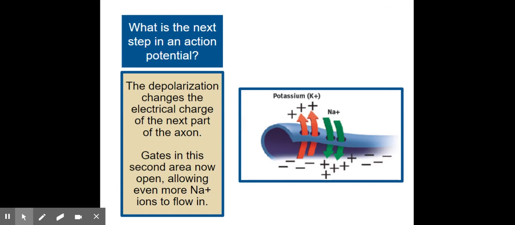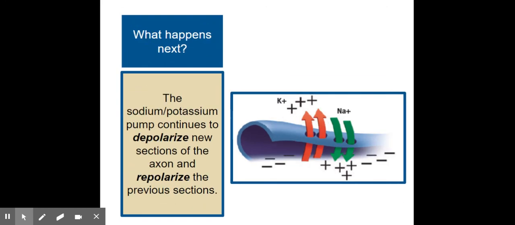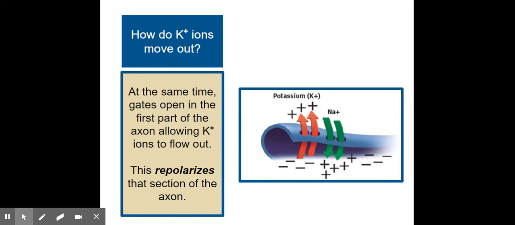All right, we're creating an imbalance here, and that imbalance will actually cause the firing of the axon. Okay. All right. So, whoops, went too fast. How do the potassium ions move out? So basically the way it works is as the sodium floods in, the potassium gets pushed out. Okay, again, you're creating like a ripple effect. All right, this is called repolarization.